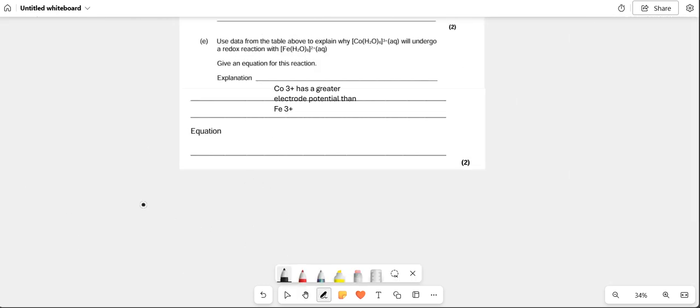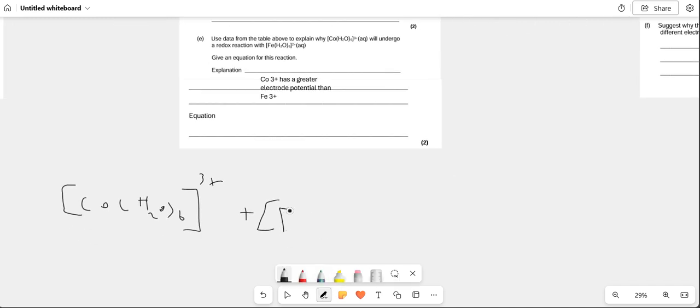So basically Co(H2O)6 3+ plus Fe(H2O)6 2+.